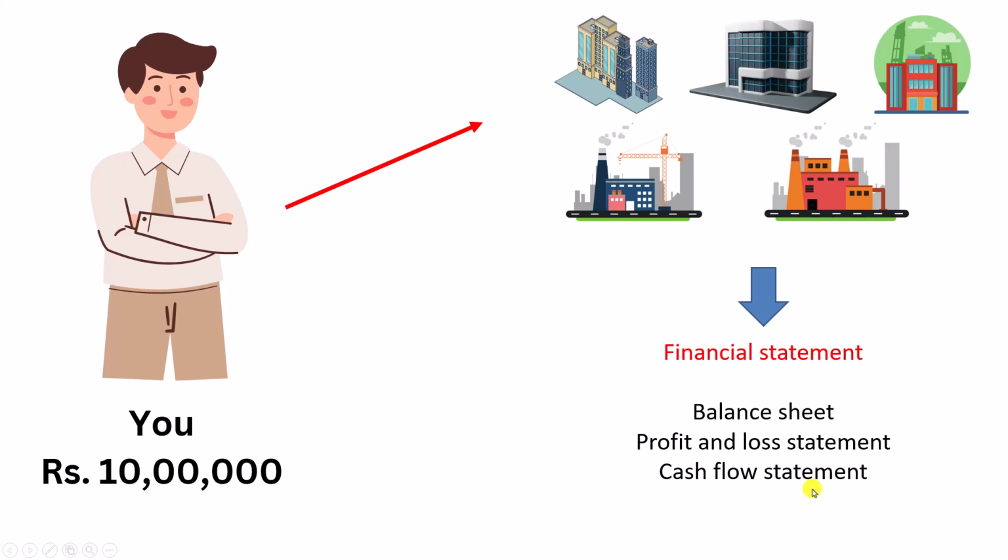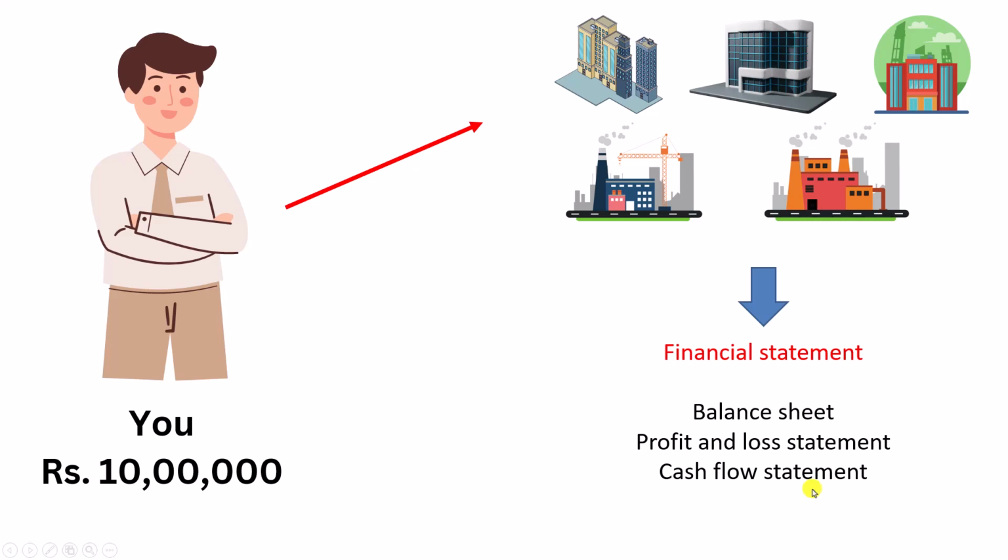And then the cash flow statement. It tells you where the money for the company is coming from and where it is going to. How does the money come in and how does the money go? That is what the cash flow statement tells you. And when you analyze all these, when you understand all these along with a few ratios, you will understand whether the company will grow over the years or it doesn't have a good future.